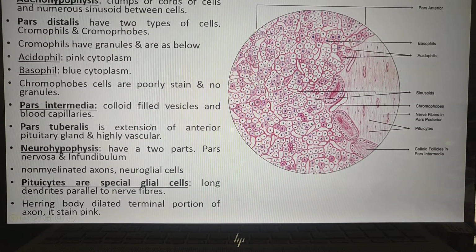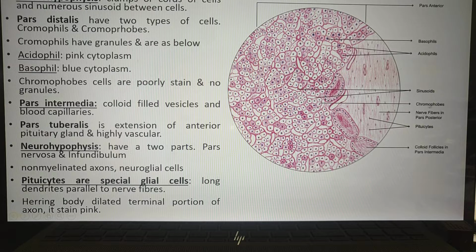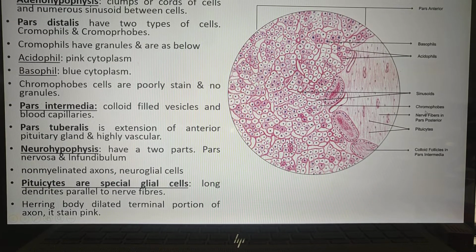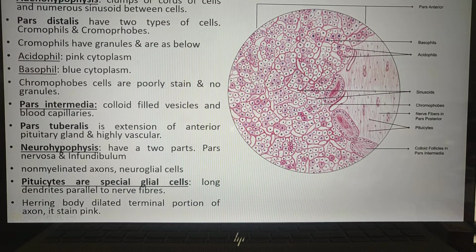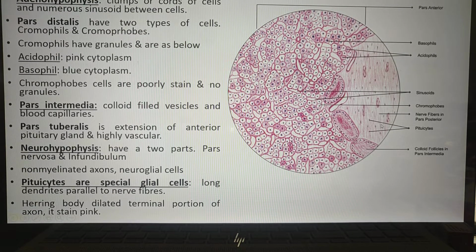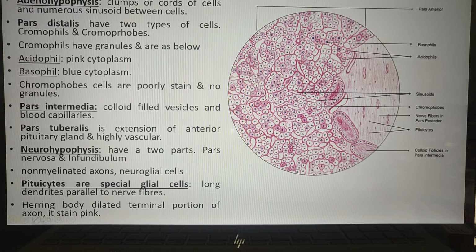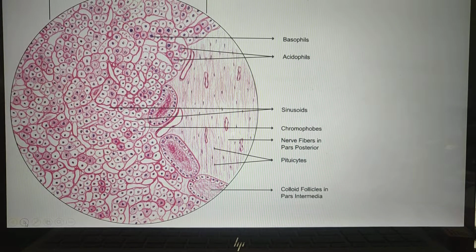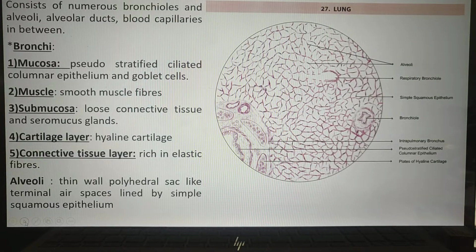There are also chromophobe cells, which are poorly stained and have no granules. Inside the neurohypophysis there are pituicytes, you can see here, and nerve fibers parallel to them. This is the enlarged view of the pituitary gland.